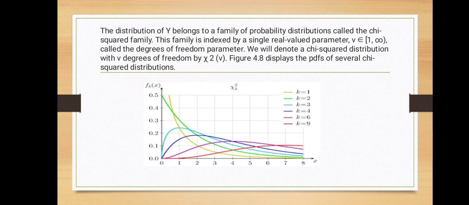This family is indexed by a single real-valued parameter v in [1, infinity), called the degrees of freedom parameter. We will denote a chi-squared distribution with v degrees of freedom by χ²(v).